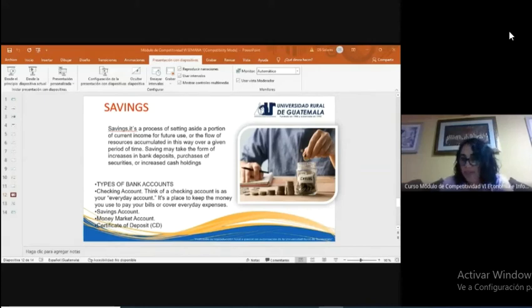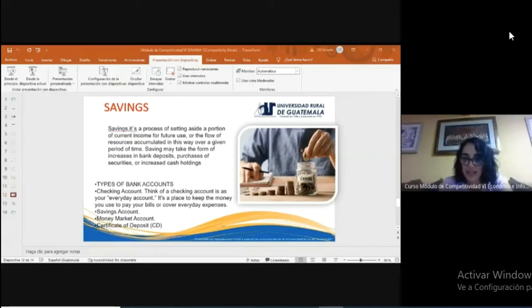With the capital that you have, you can have a car, a machine, a building, a house. Or you go to a financial institution like a bank to make a loan, or you have savings that you are getting in a bank account. And here we have different types of bank accounts.